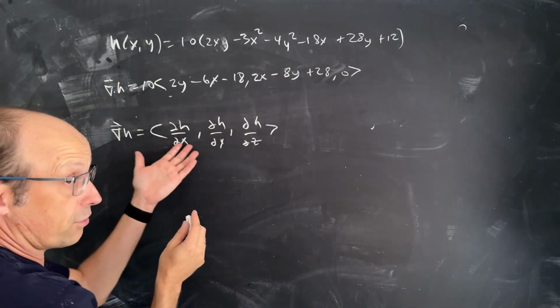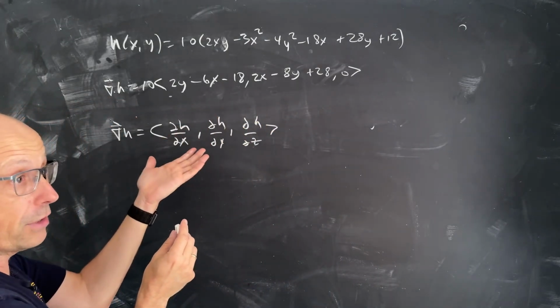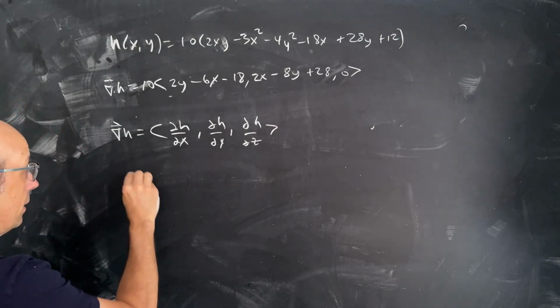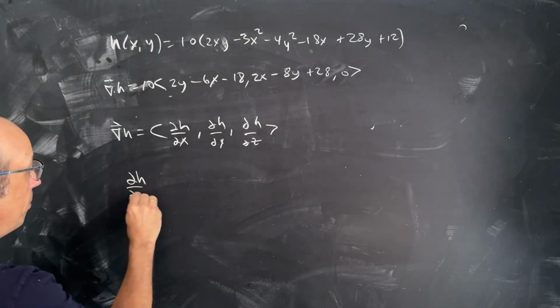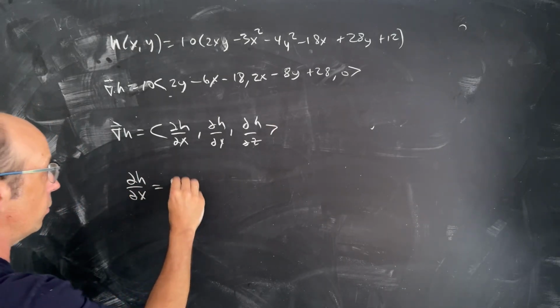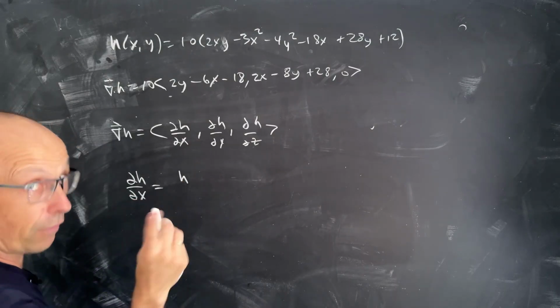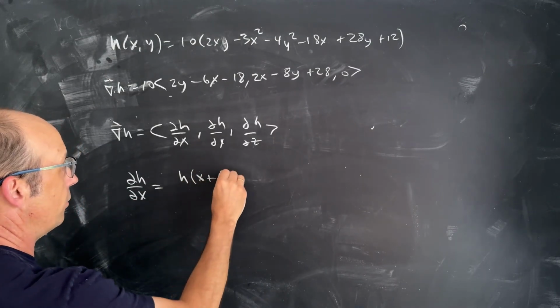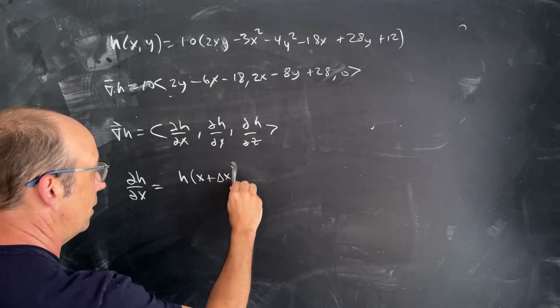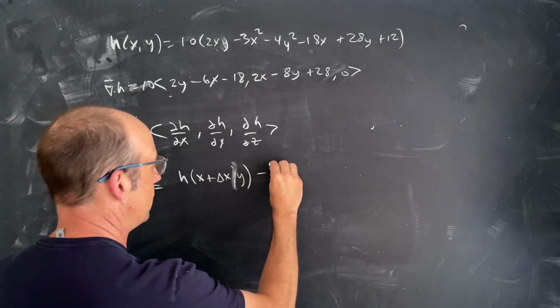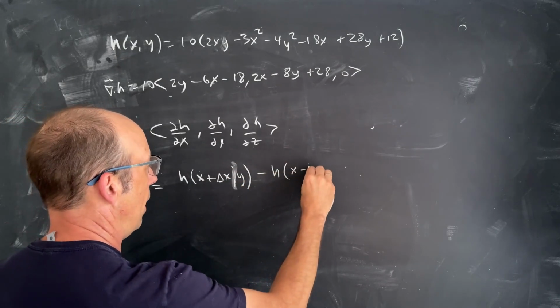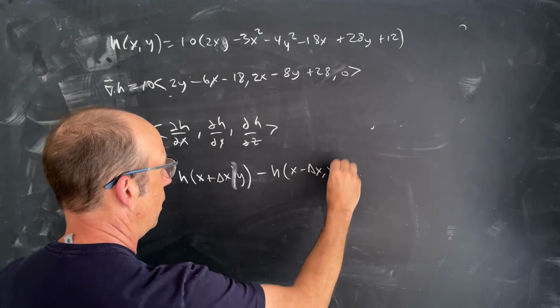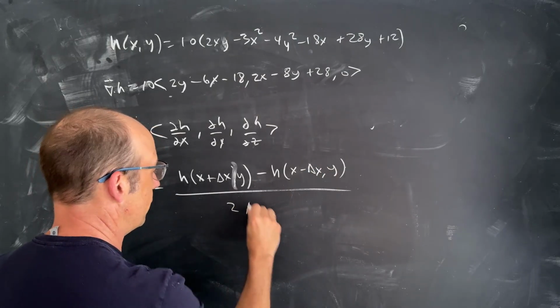Well, this is just a derivative. If you go back to your original definition of a derivative, I can say the partial of h with respect to x is going to be equal to, and I'm going to write it out the full way, h of x plus delta x, y minus h of x minus delta x, y, over 2 delta x.